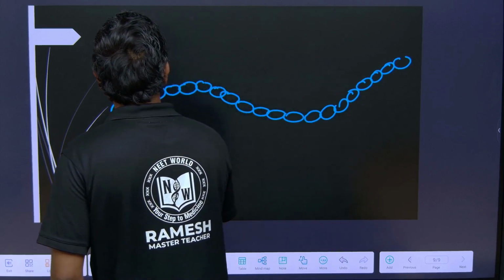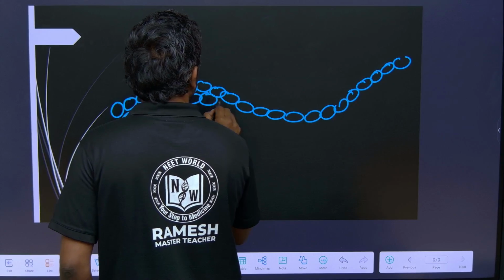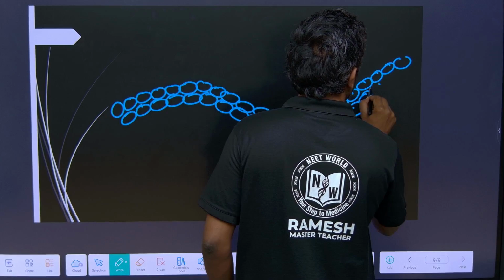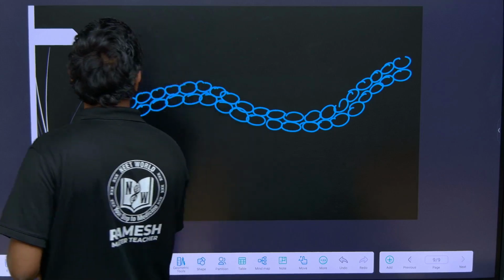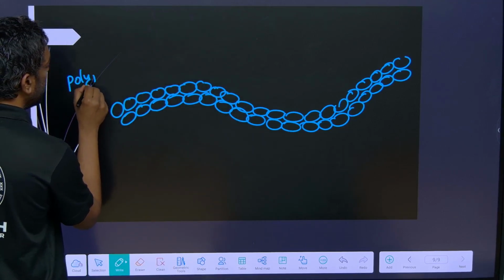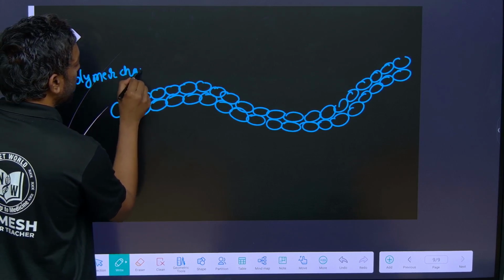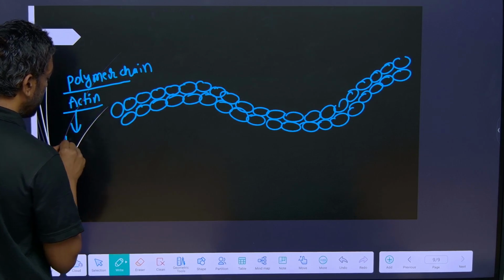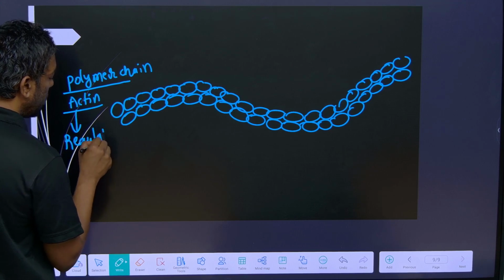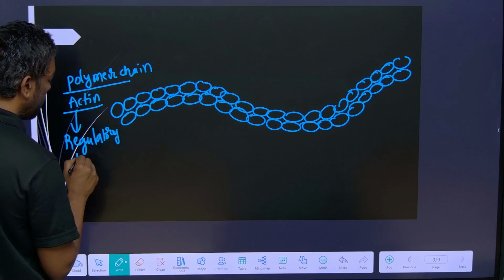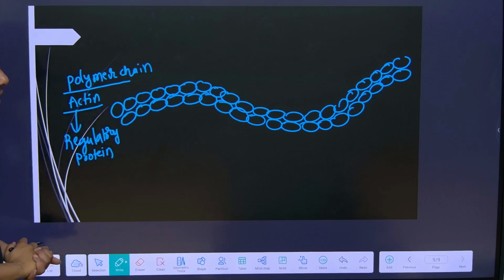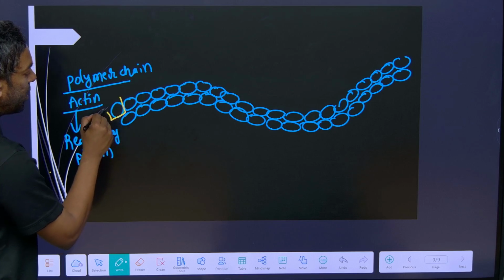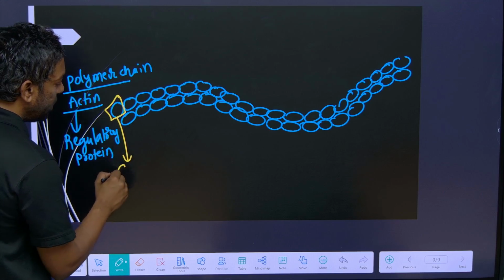It is a polymer chain called actin. One unit of this actin we can call G-actin.